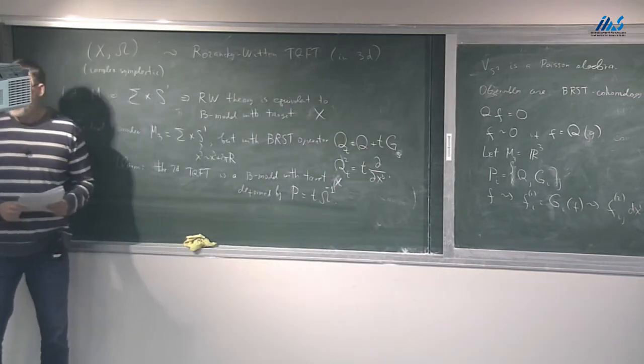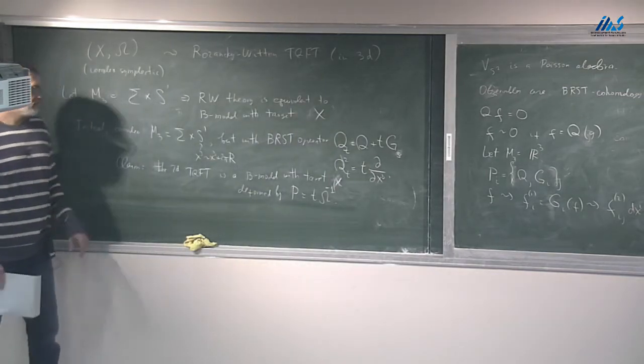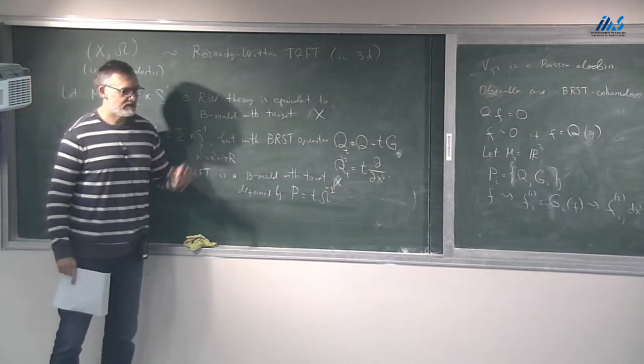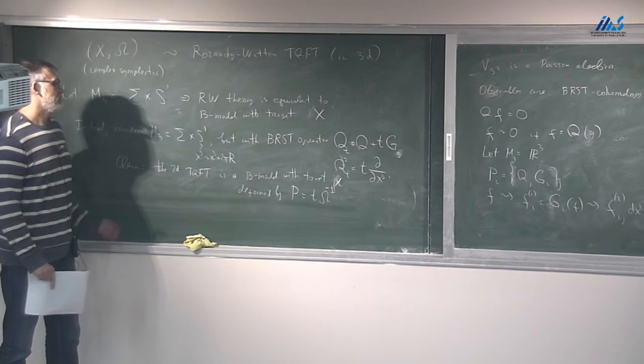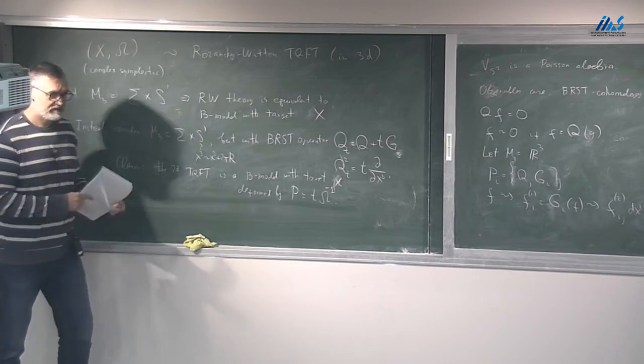Or you can also think of it as an A model in this case with some B field, by the previous result. One can actually check this by direct computations.